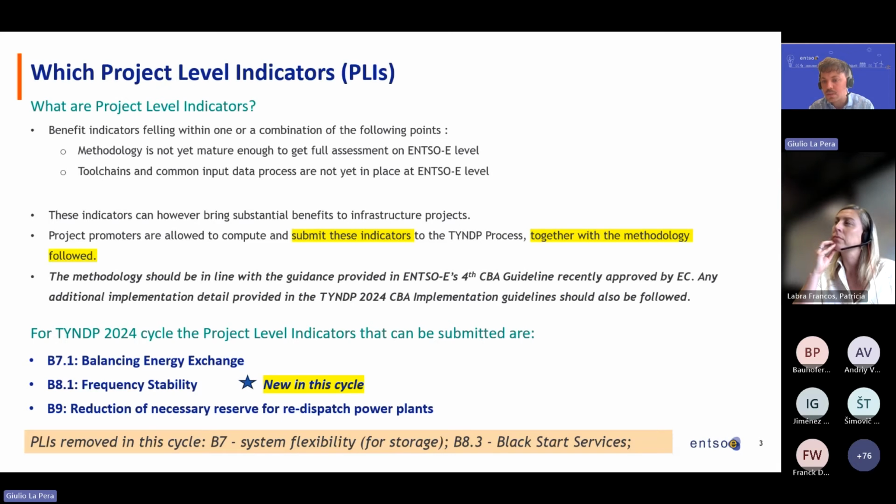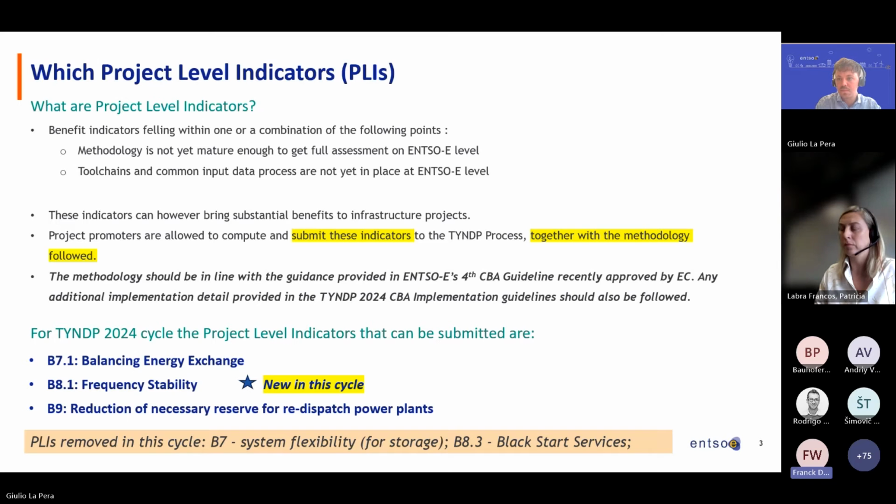Is this your question, or are you referring to the next cycle? I think it's related to the PLI. So if in the previous cycle you already had a PLI, you need to send it again. Yes, you have to submit them again. Of course, if the methodology didn't change so much, it should be fast.